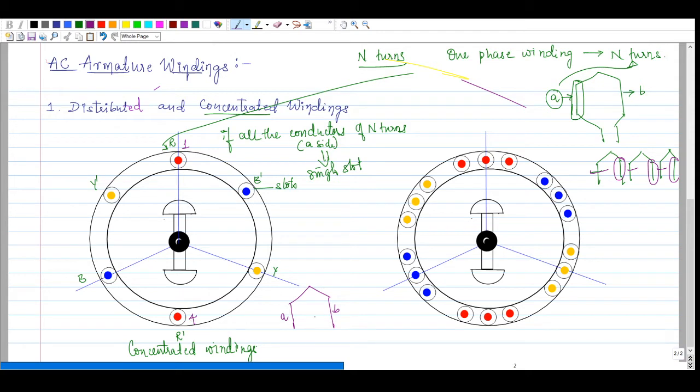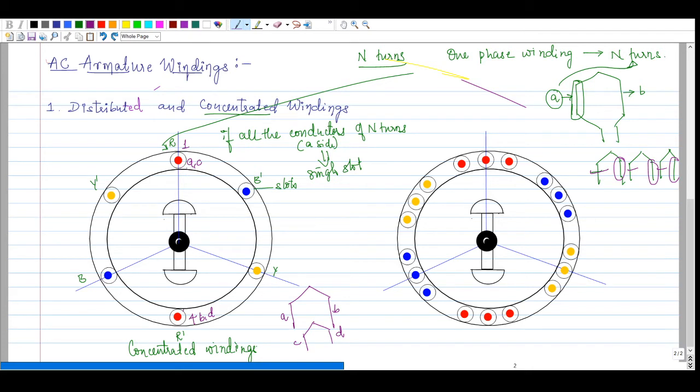Similarly, if you have two turns, then there are A, B, C and D conductors. A and C will be placed in slot 1 and B and D conductors will be placed in slot number 4. This is how concentrated windings are wound, and this is for one single winding.